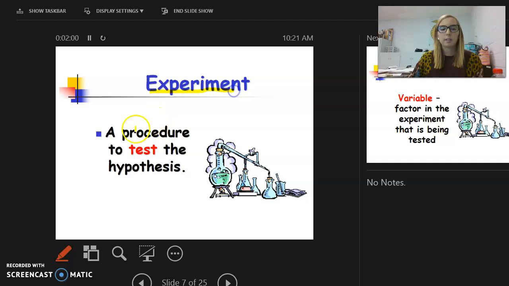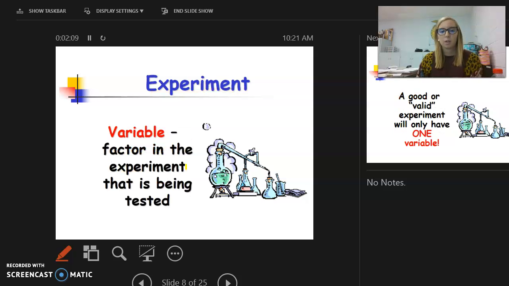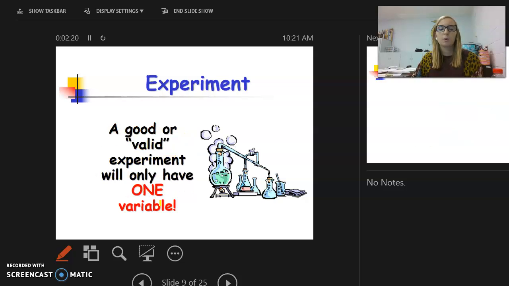The experiment is a procedure to test the hypothesis. You've made your educated guess, so now you're going to test it through the experiment. A variable is the factor in the experiment that is being tested. Whatever you're testing is considered your variable. A good experiment is only going to have one variable, one thing that you're testing.